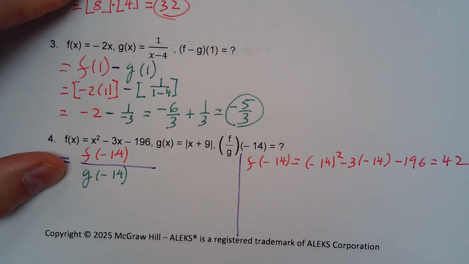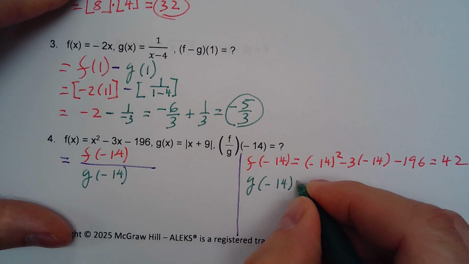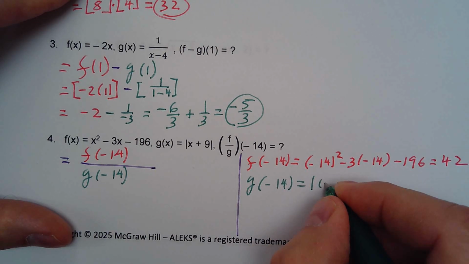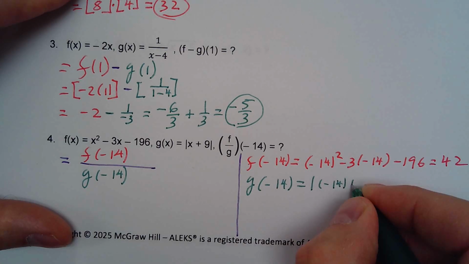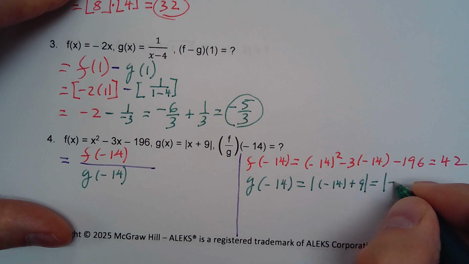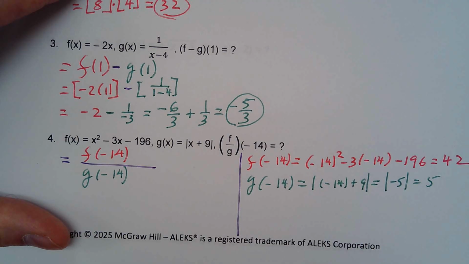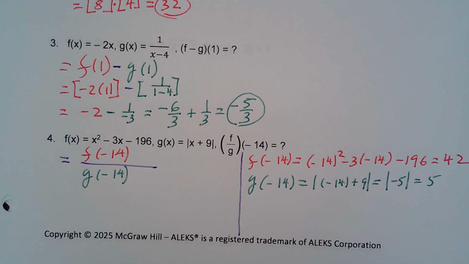Okay. Hopefully g is a little bit better. So g of negative 14, that's the absolute value of negative 14 plus 9. Well, that's a lot better. Absolute value of negative 5, which would be 5. All right, I certainly like g much better. Hopefully you like g better than f here as well.